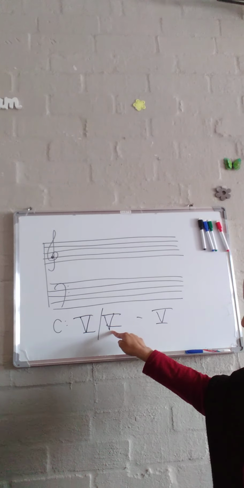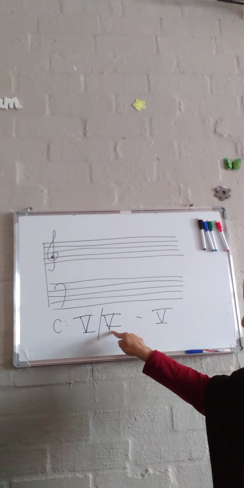The first step is we need to understand the spelling of this chord. So we're dealing with C major. The dominant chord in C major is spelled G, G, B, D. I doubled the G because we're dealing with root position, and in root position you need to double the root.